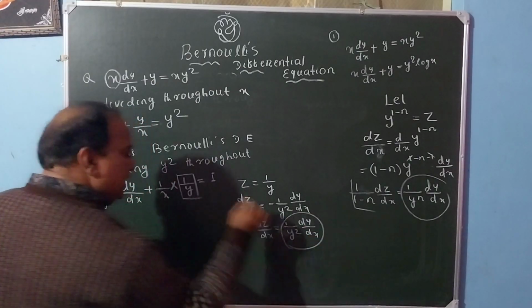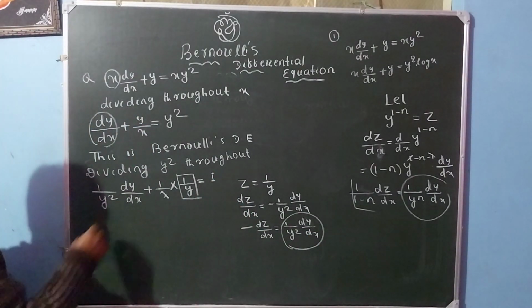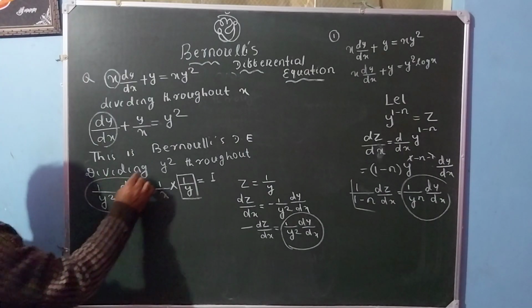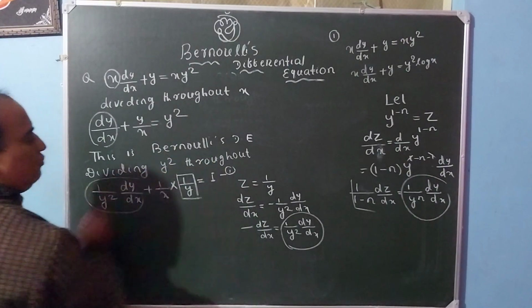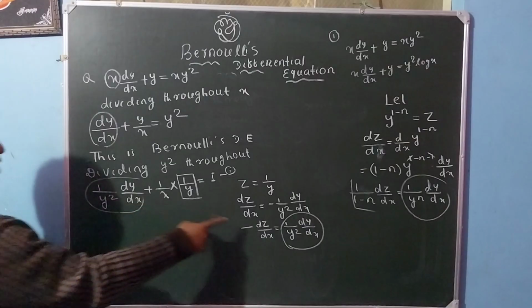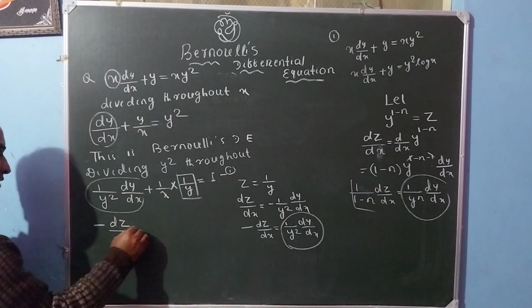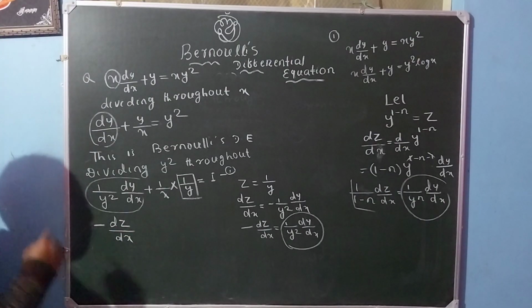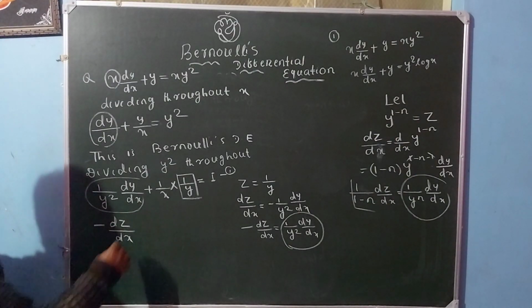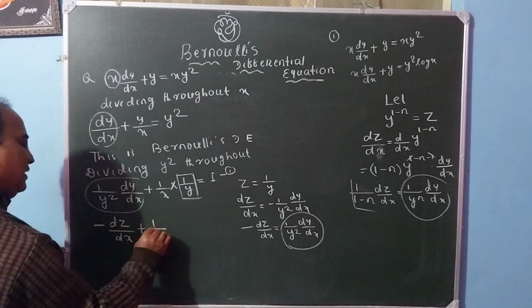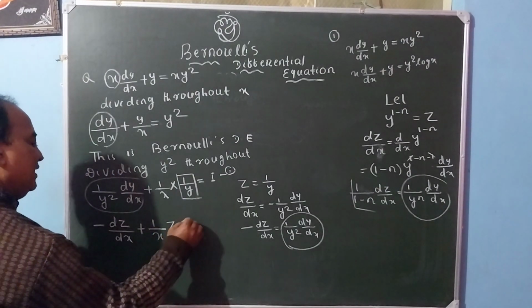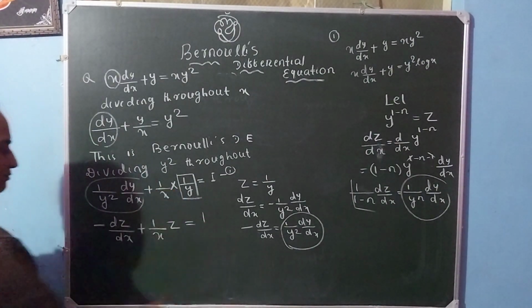So in place of this, we have to put this. Now equation 1 becomes, minus dz/dx plus 1 by x into z is equal to 1.